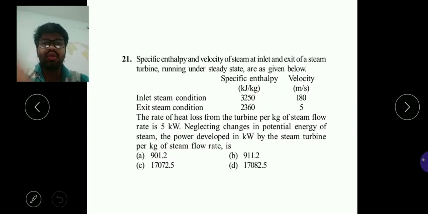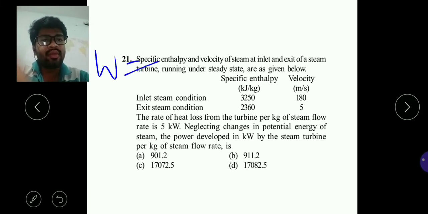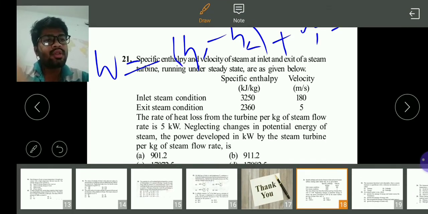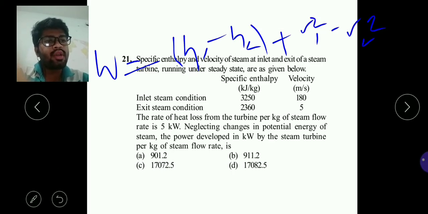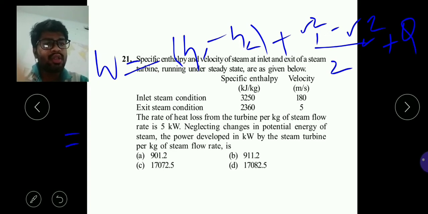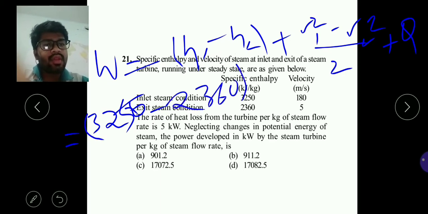We need to calculate W. So W we can write as H1 minus H2 plus (V1 square minus V2 square) divided by 2 plus Q. H1 is 3250 minus H2, which is 2360, in kilojoule per kg.